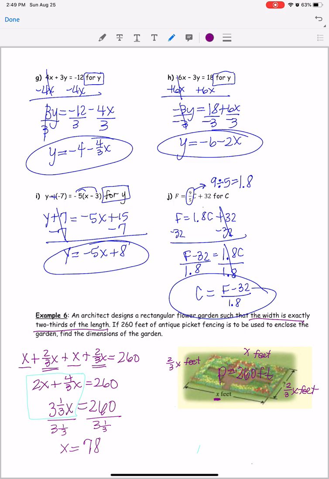So it wants us to find the dimensions of the garden. So plug it in. So I know that my length is X, so my length is 78 feet. Okay, and my width was that 2/3 X. So we need to do 2/3 times 78.